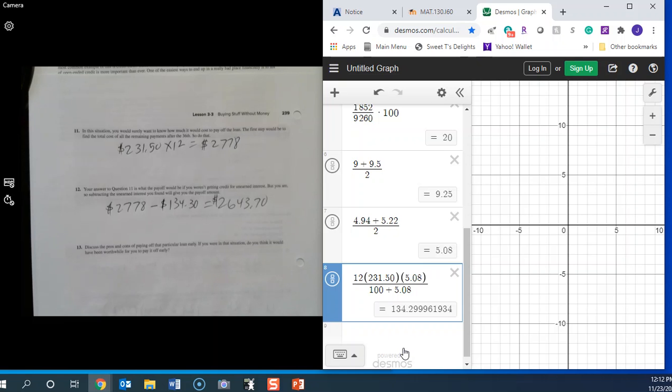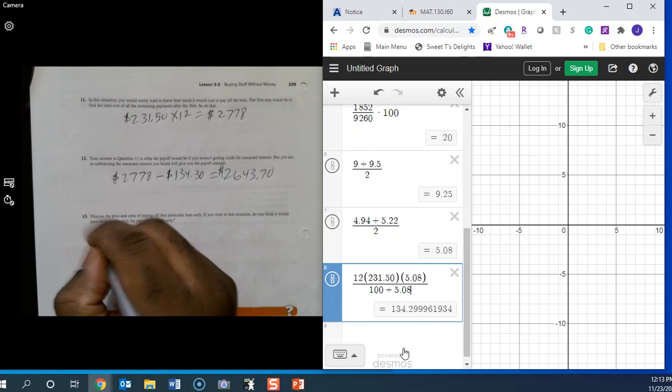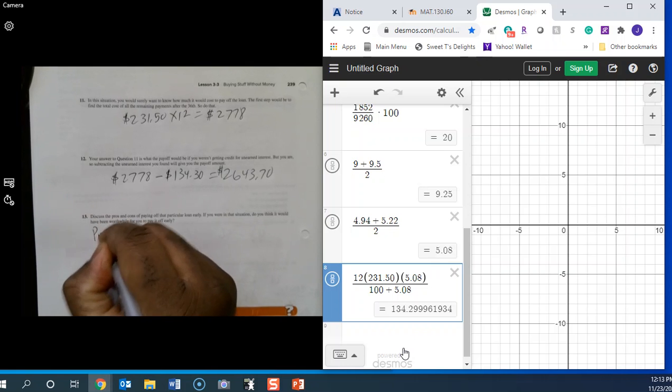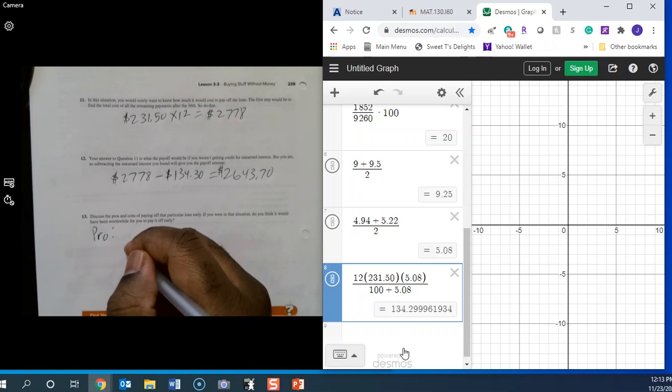Now, it says discuss the pros and cons of paying off that particular loan early. If you were in that situation, do you think it would have been worthwhile for you to pay it off early? Okay, what I'm going to do, I'm not going to do a lot of pros and cons. I'm just going to do one pro, one con.